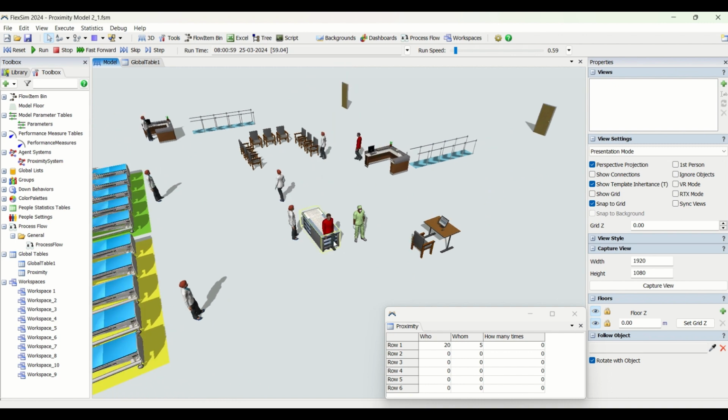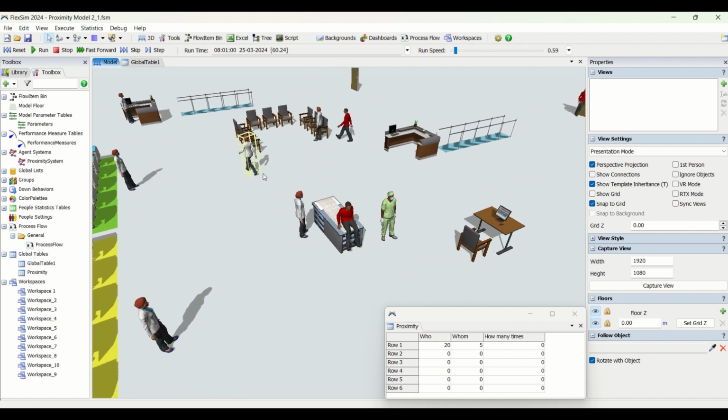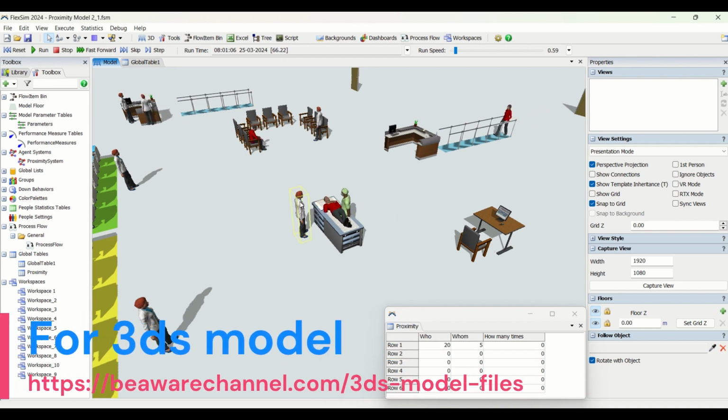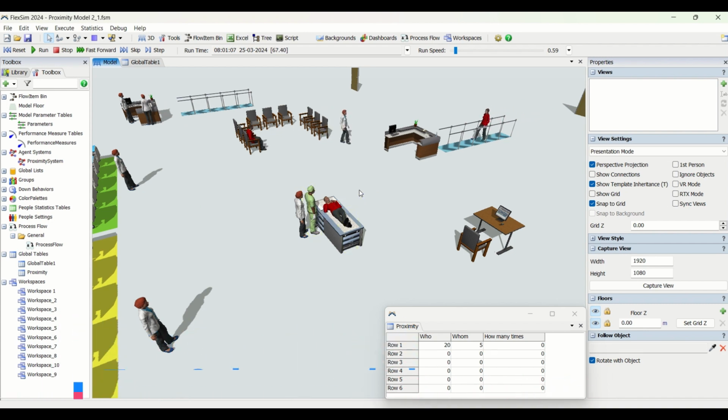The moment he enters here, this medical staff will go and inform the receptionist. This is also a staff member who will inform the receptionist, but this one informs when the patient leaves, and the other informs the receptionist when the patient enters. Now this one has started moving to the doors.